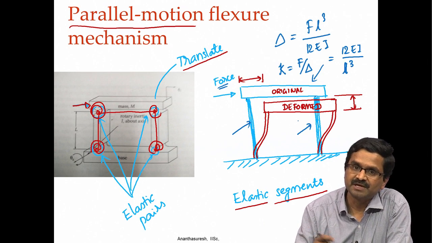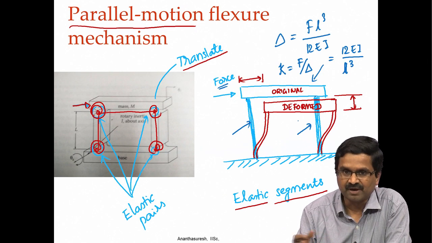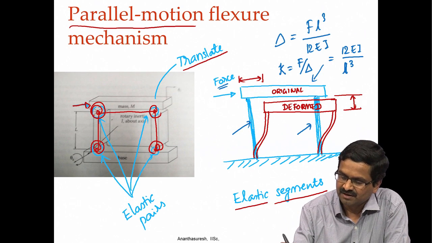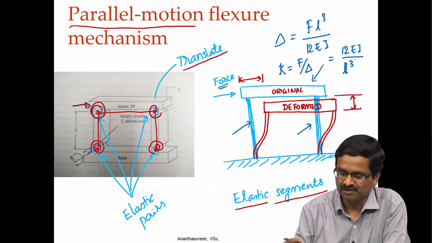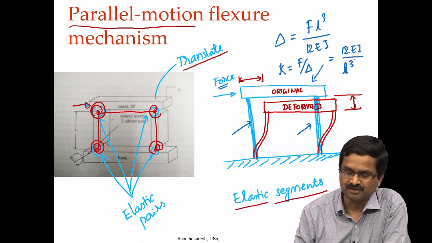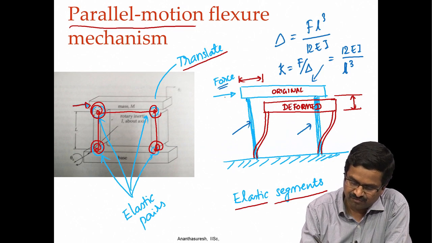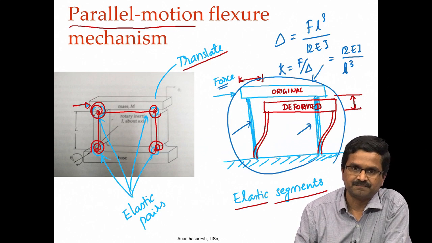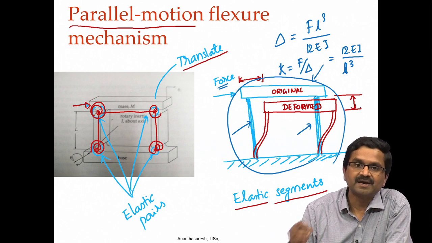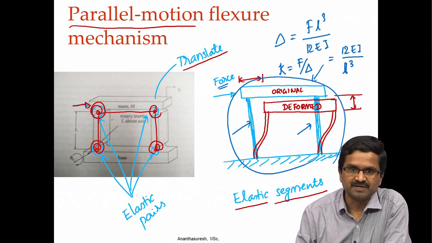So, you have two beams in parallel, so you have to add the spring constant. That becomes 12 E I by L cube plus another 12 E I by L cube, we will get 24 E I by L cube. So, once you have the spring constant for the overall beam, for a given force you can get delta. This is how you can do it by hand for small displacements.